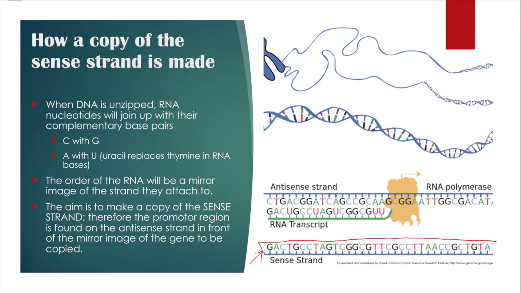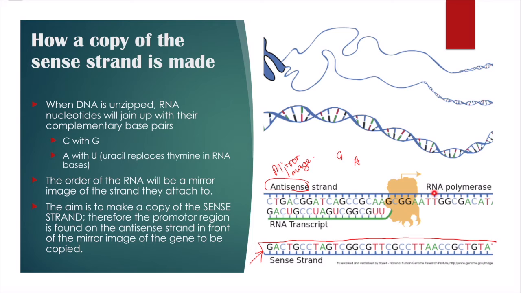What the RNA polymerase does is that it unzips the DNA like this. And on this side here, this antisense strand, it's a mirror image of the sense strand. Now, floating around in the nucleus, we have little RNA bases just waiting to find a partner.